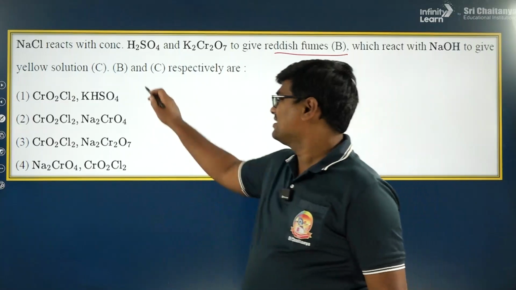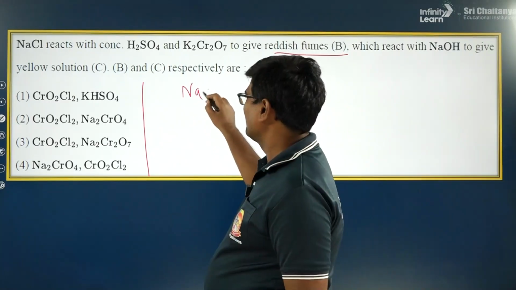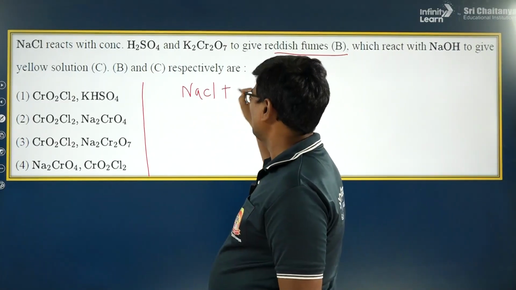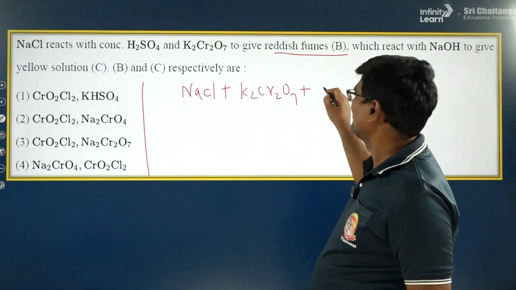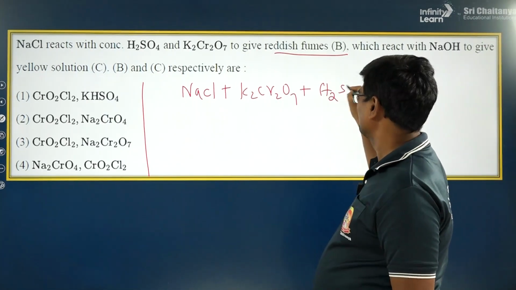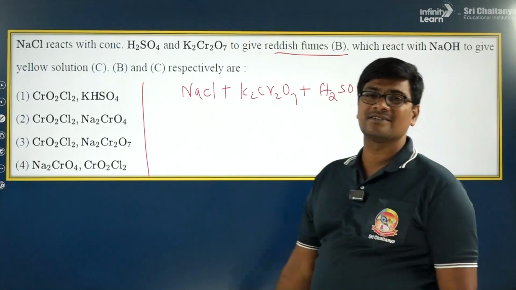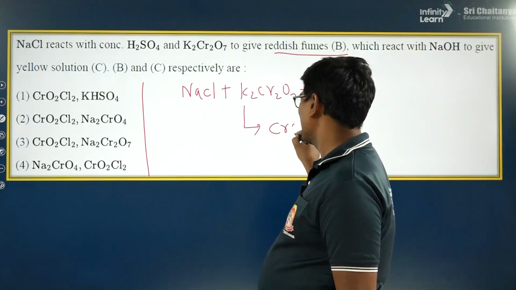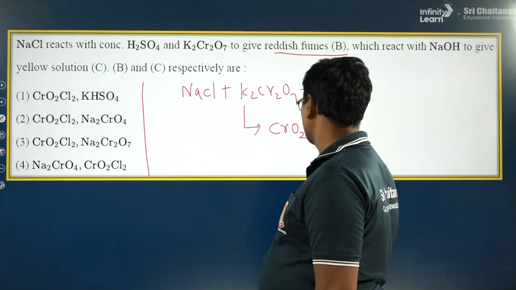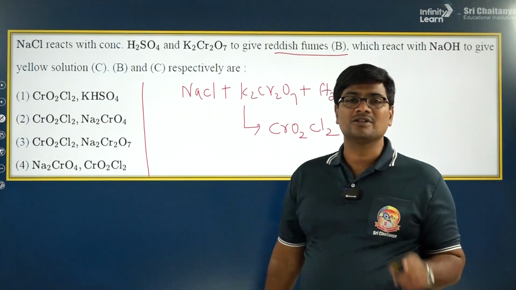Here, NaCl or a chloride salt reacts with potassium dichromate, K2Cr2O7, in presence of concentrated H2SO4. In presence of concentrated H2SO4, it forms reddish brown vapors of chromyl chloride. What is the chromyl chloride formula?